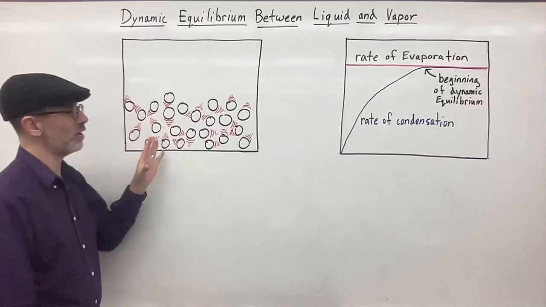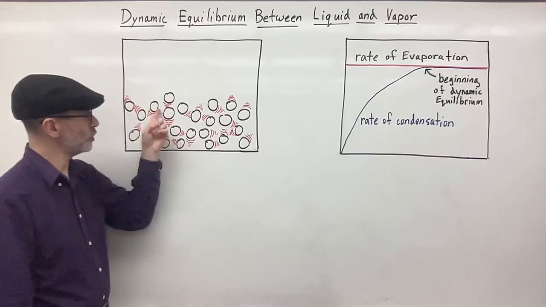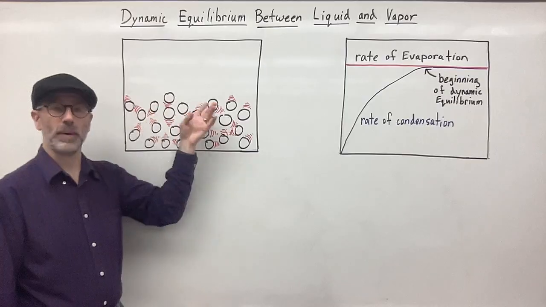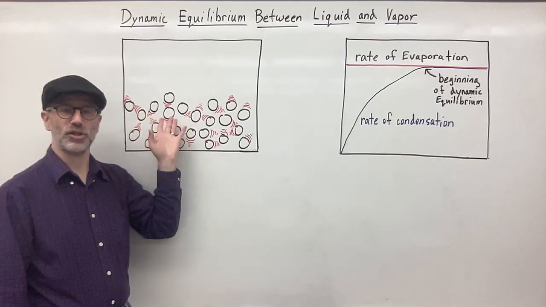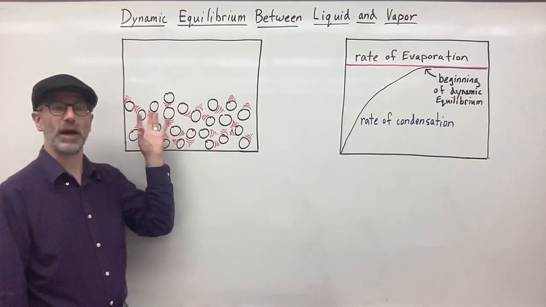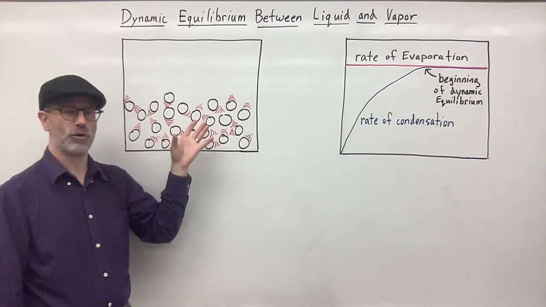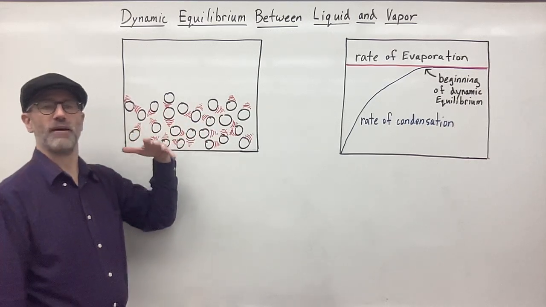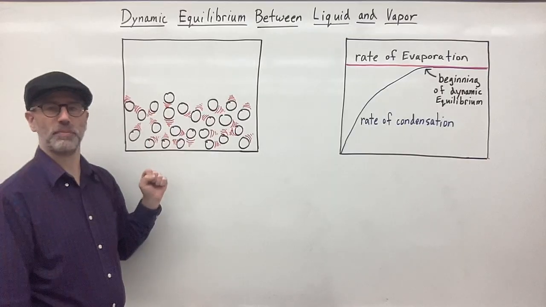And so they're moving around. And as we said, at the surface, if you have enough momentum, enough kinetic energy, then you can break free of the attractive forces at the surface, and then you will become vapor. So you become part of the vapor phase.